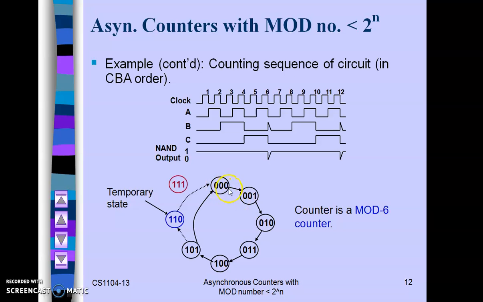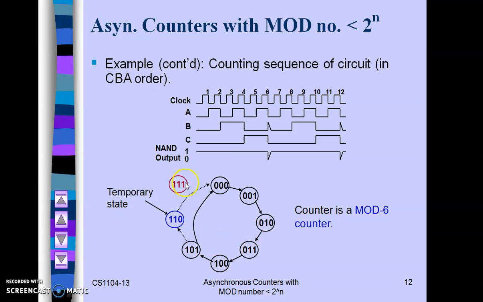It will count 000, 001, 010, 011, 100, 101. So 110 and 111, these 2 states get cut from the mod 6 counter, because it only counts the 6 states, 000 to 101, that is 0, 1, 2, 3, 4, 5.